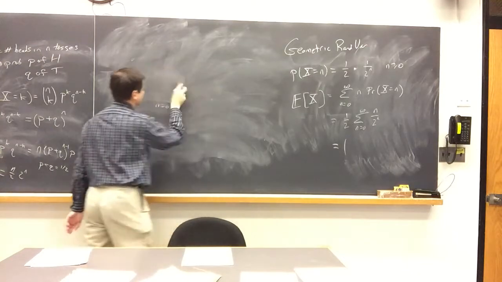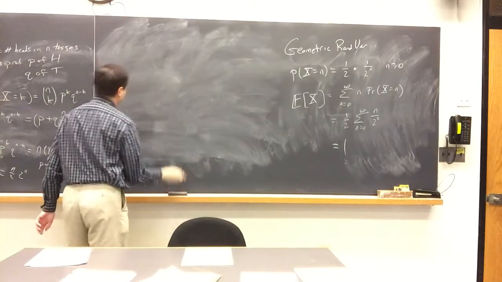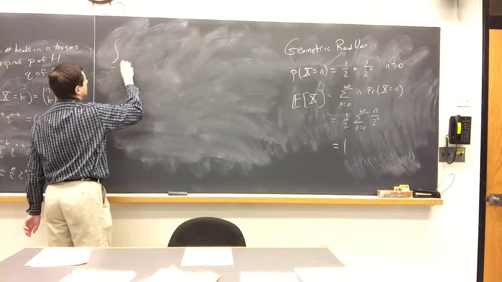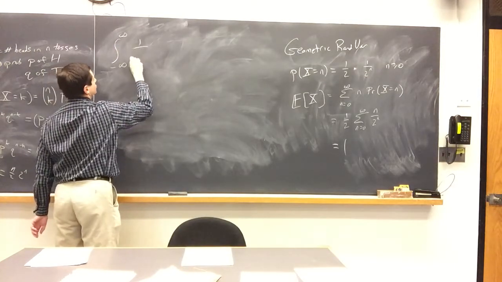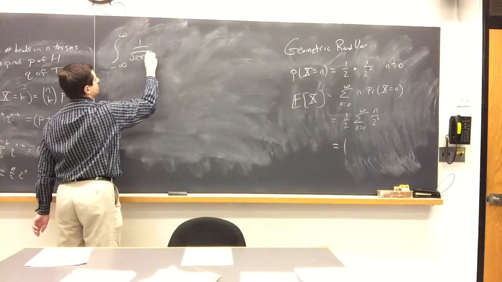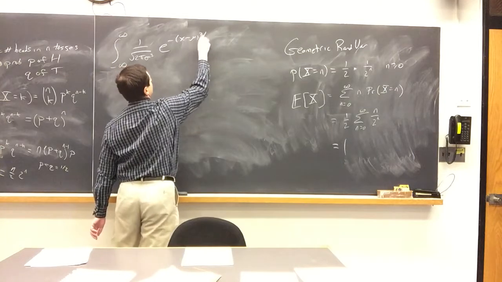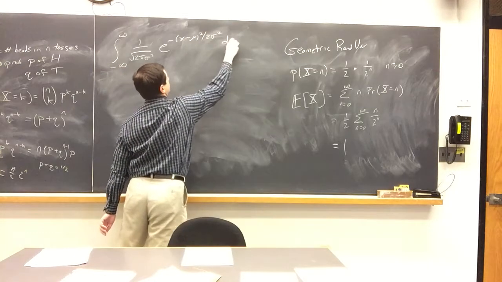So let's go back to the Gaussian. 1 over square root of 2 pi sigma squared e to the negative x minus mu squared over 2 sigma squared dx.